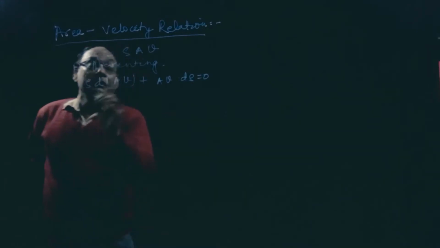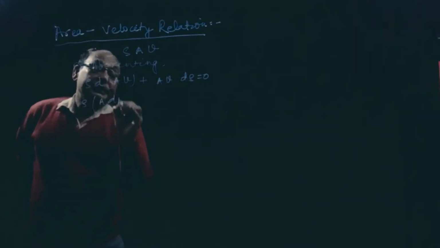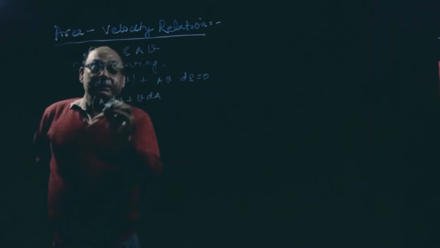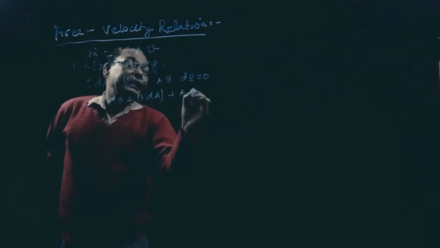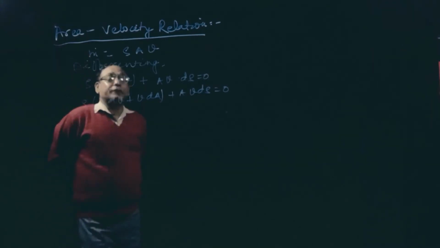Rho, differentiation of A dV plus V dA plus A V d rho is equal to 0. Area velocity relation we are going to find out.